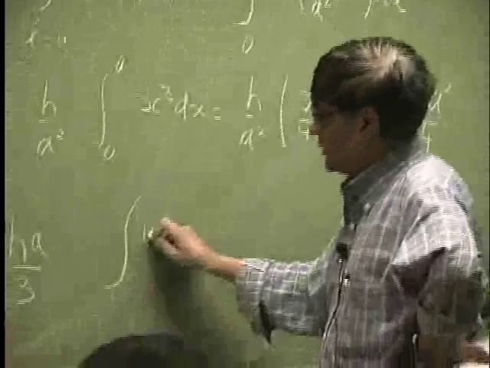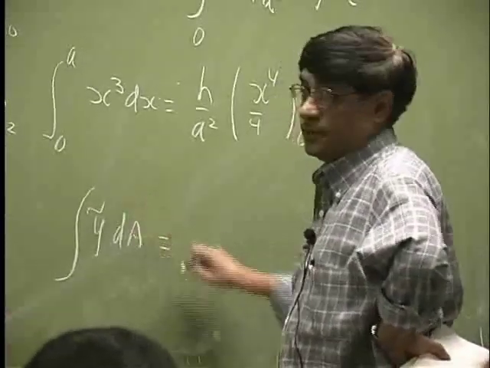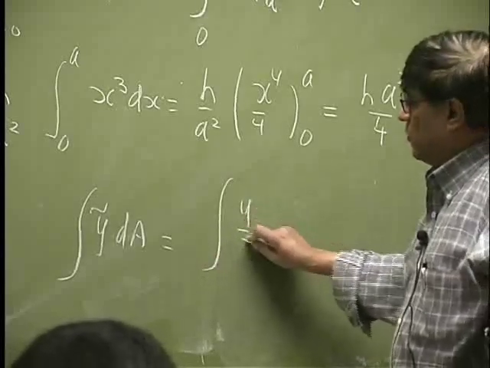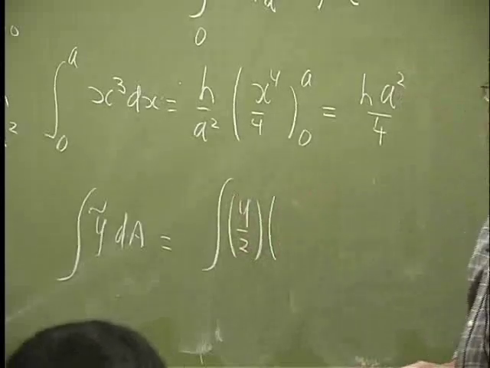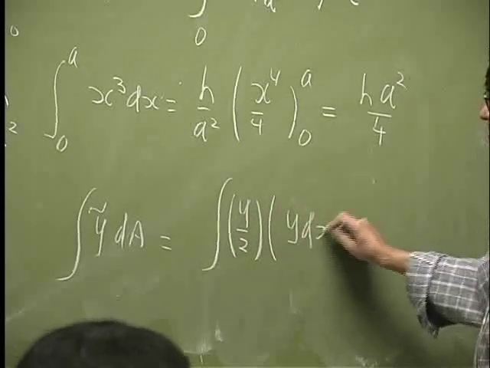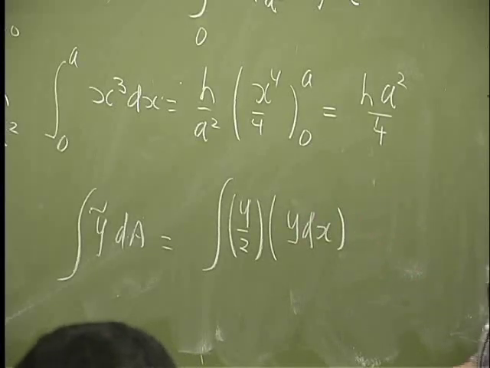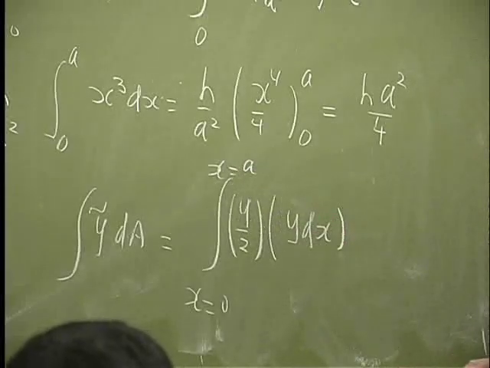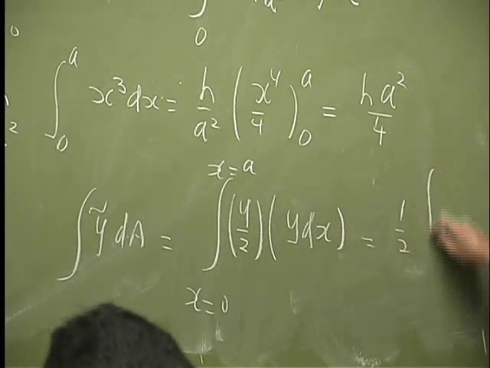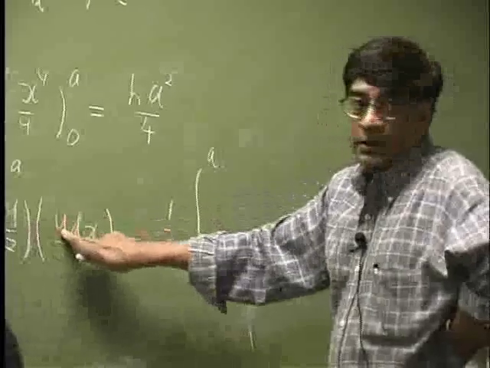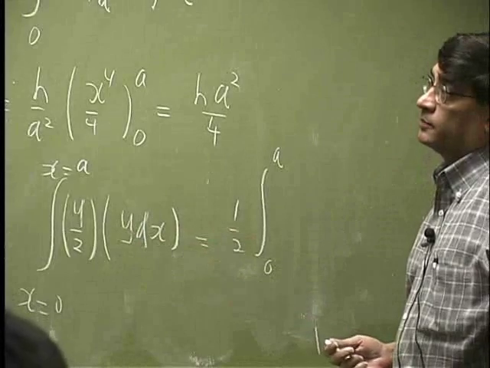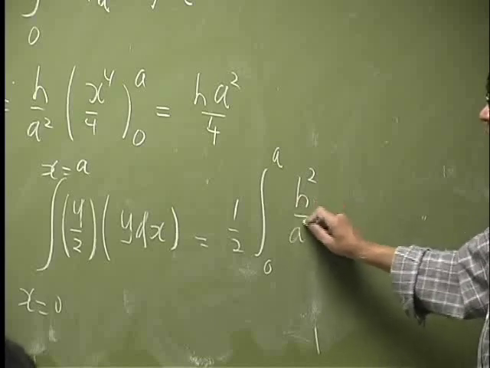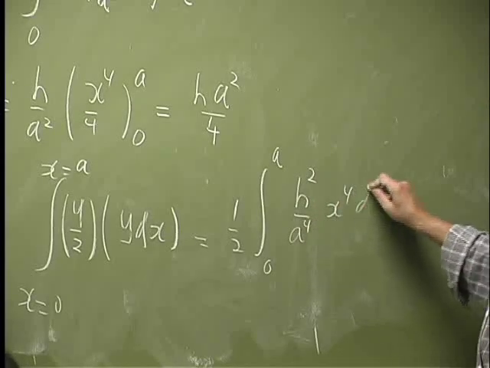Then the third one, that's y tilde dA. So here y tilde is y over 2, dA is y dx, and your limit's going to go from 0 all the way up to a. So that's 1/2 integral 0 to a. You have y and another y, that's y squared, and that could become h squared over a to the fourth, x to the fourth, and dx.